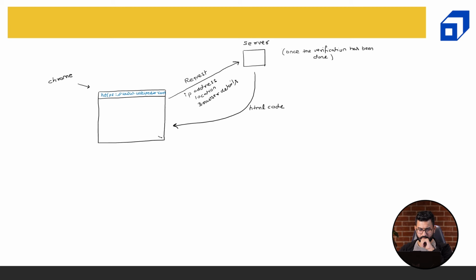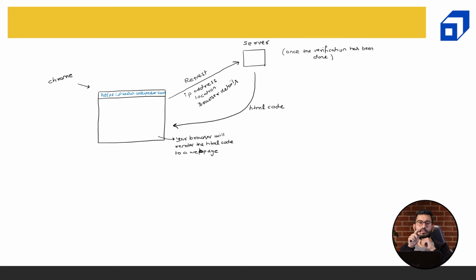So your browser will render the HTML code to a web page. And once you have the HTML code with you, you can browse the website, and every time you make a click, the same process is happening.